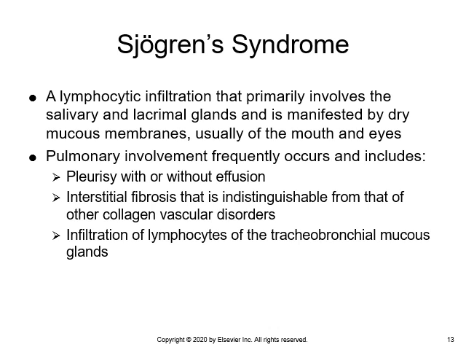Sjögren's syndrome is a lymphocytic infiltration that primarily involves the salivary and lacrimal glands and manifests by dry mucous membranes, usually in the mouth and eyes. Pulmonary involvement frequently occurs in Sjögren's syndrome and includes pleurisy with or without effusion, interstitial fibrosis that is indistinguishable from that of other collagen vascular disorders, and infiltration of lymphocytes of the tracheobronchial mucous glands, which in turn causes atrophy of the mucous glands, mucus plugging, atelectasis, and secondary infections.